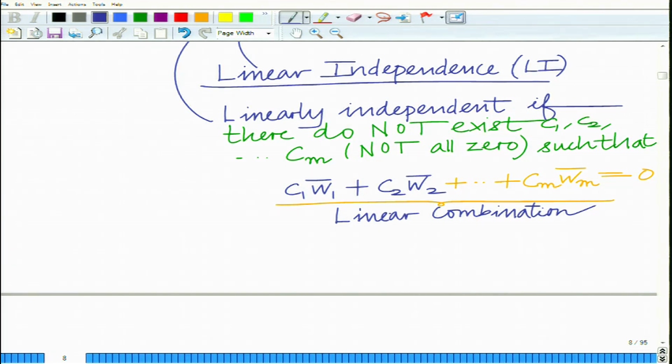So, there cannot be a linear combination of vectors w bar 1, w bar 2, w bar m with coefficients or weights c1, c2, cm, not all of them 0, such that this linear combination is 0, else they are linearly independent.